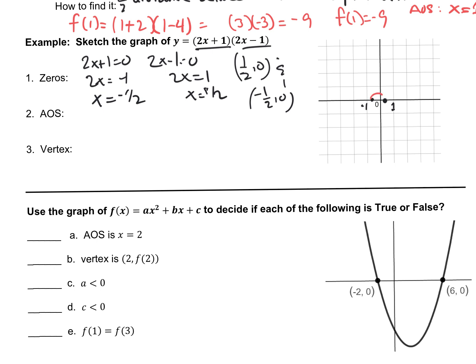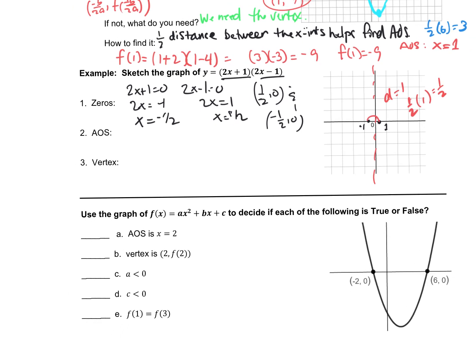The distance here is 1, and we said earlier that half of the distance helps us find our axis of symmetry. Half of 1 is just 1/2. So halfway between those two is the axis, or x equals 0. So here's your axis of symmetry. So our axis of symmetry is just 0.